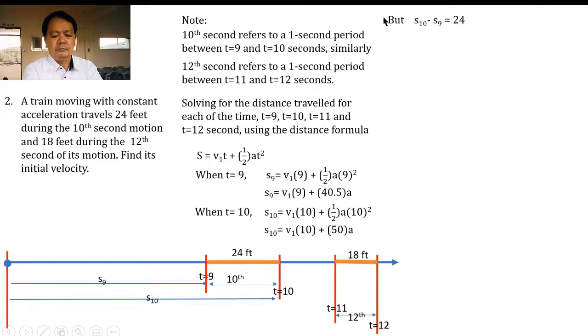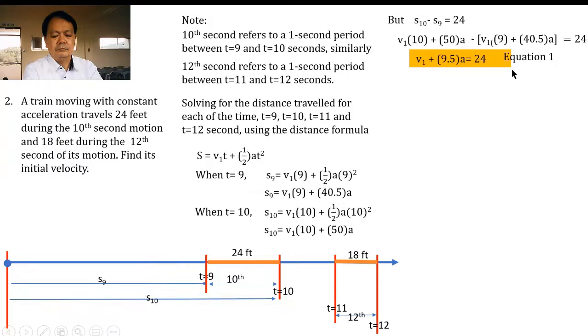And if the two equations shall be substituted, therefore, I will have here v sub 1 times 10 plus 50a, ito yung ating S sub 10, minus v sub 1 times 9 plus 40.5a, ito naman yung ating S sub 9, shall be equal to 24. And if this will be simplified, 10 minus 9 equals v sub 1, 50 minus 40.5 is 9.5a, equal to 24. And I will be calling it our equation 1.